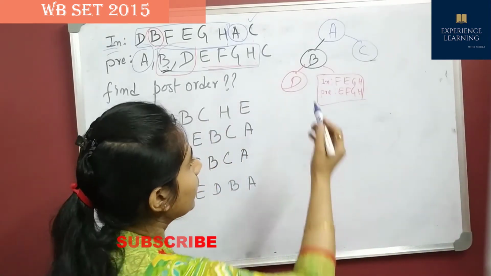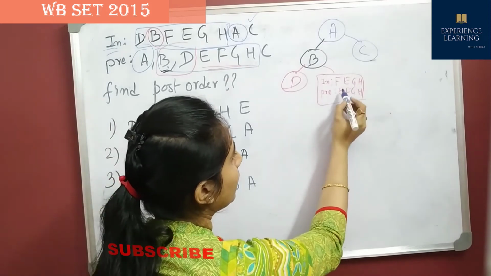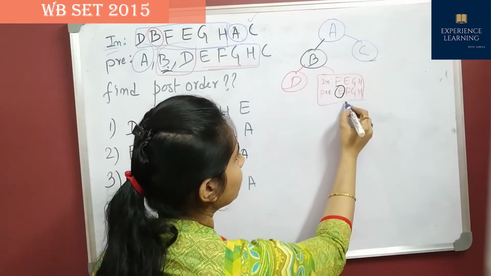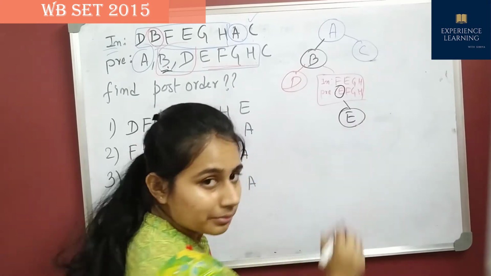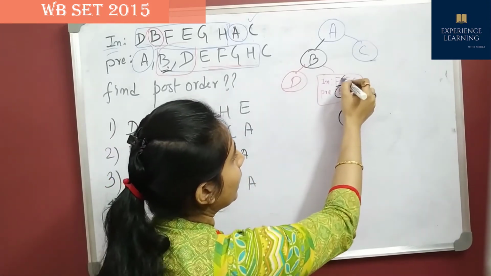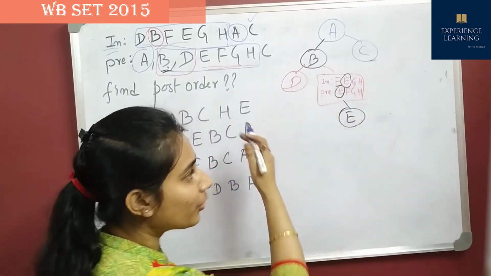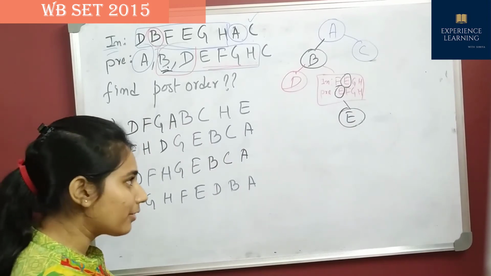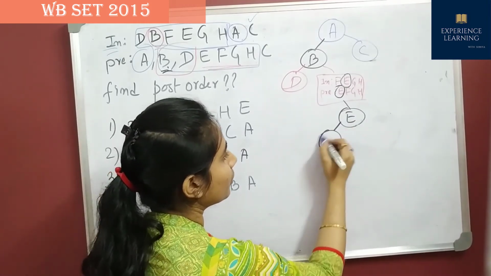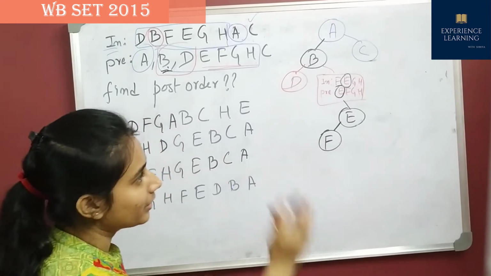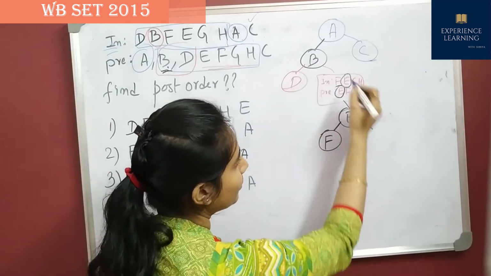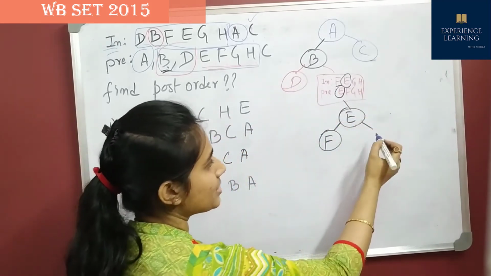Now in pre-order, here it is E, okay, place E. Before E we have F, okay, fine. So here we are getting F, and now we have all these in the right subtree.